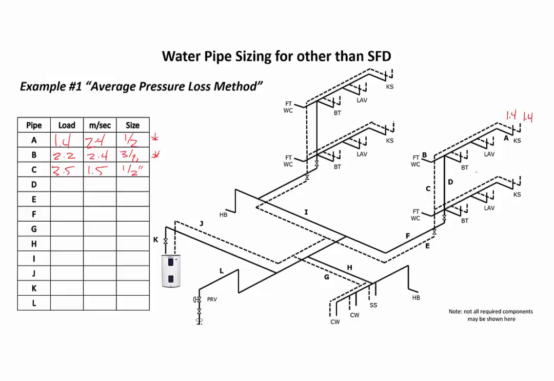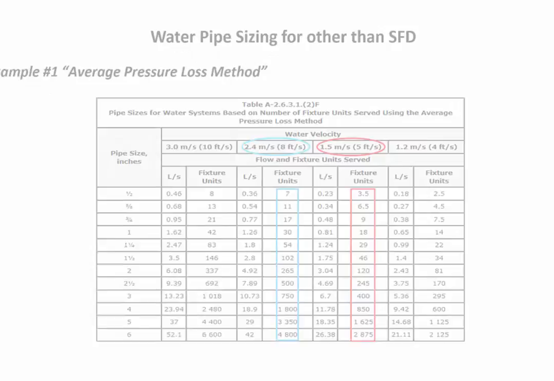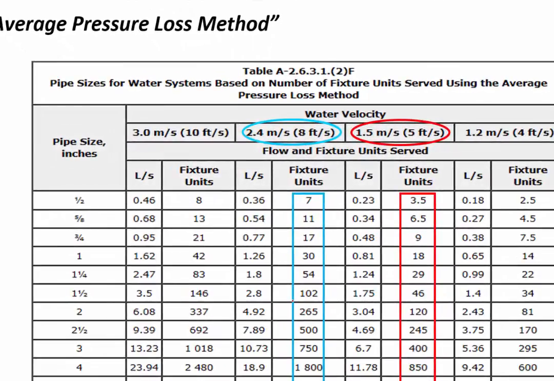So D is a cold line supplying the upper suite. We're going to pick up a flush tank water closet as well. So we have a total of 5.7. It's cold at 2.4 meters per second. And off the table, we'll have 1/2 inch.